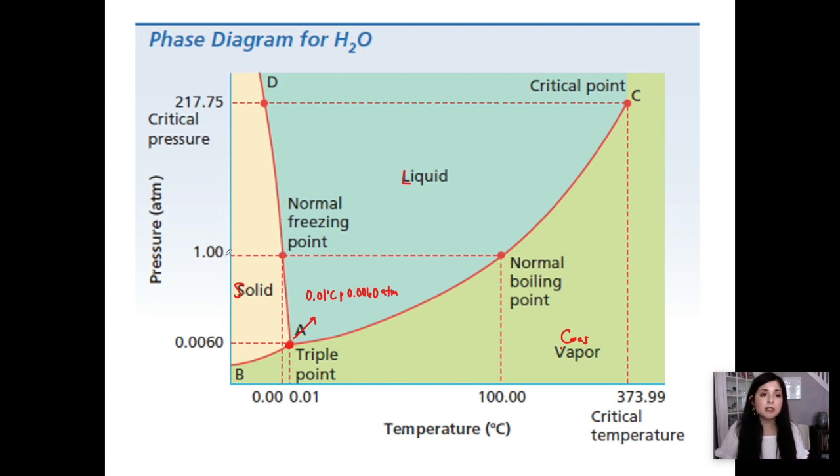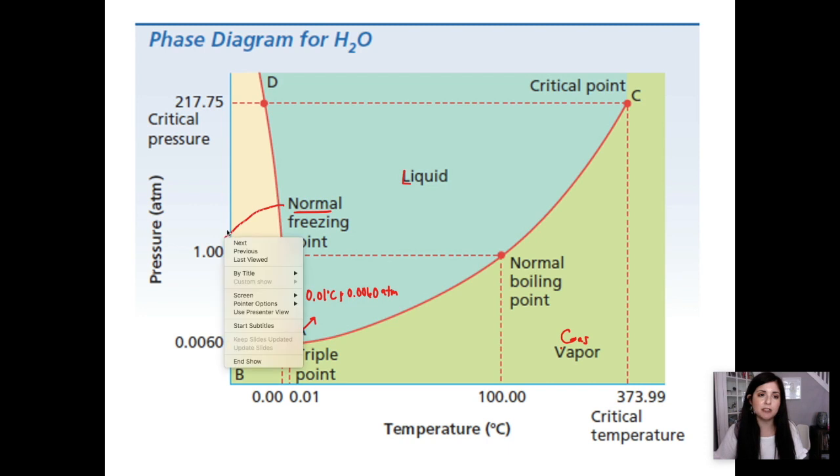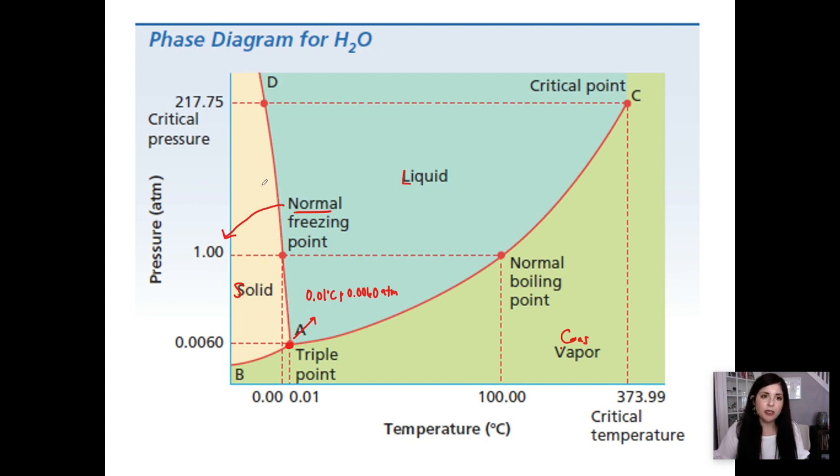We also have something known as the normal freezing point. So again, normal is always at 1 atmosphere. So notice here that this line is the normal and this is at 1 atmosphere of pressure. And because I'm going from a solid to a liquid, going across this line would be melting.